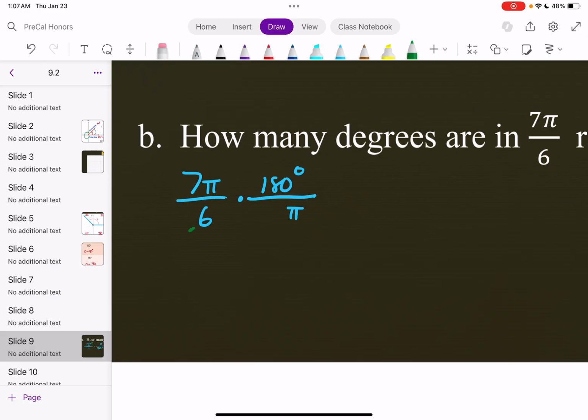We simplify this out. 6 and 180 simplify to 1 and 30. 7 times 30 is 210. Now, also remember that pi from the top left will cancel with pi in the denominator. Only thing that is left is the degree sign.